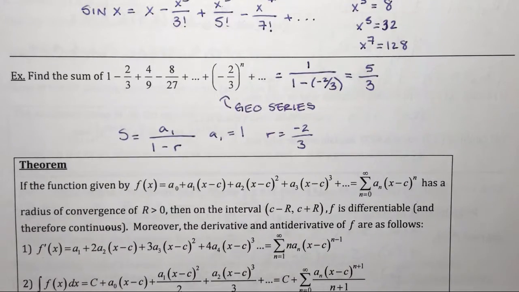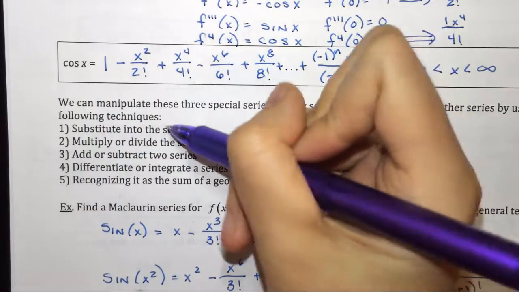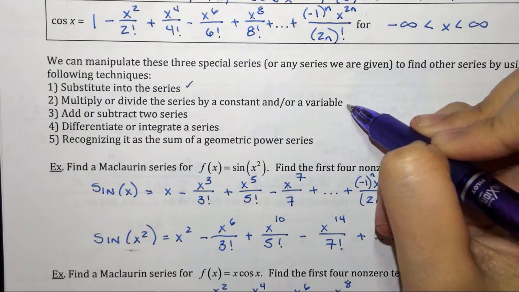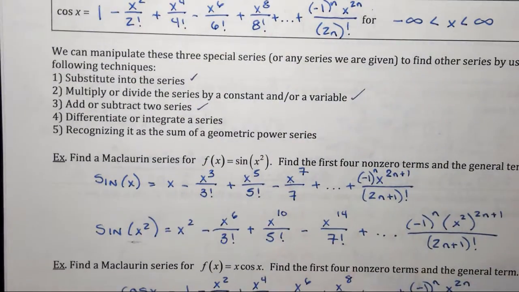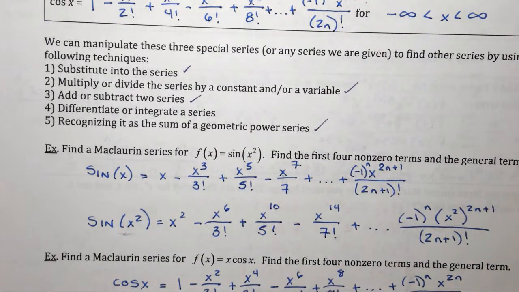The things that we did last class covered manipulating special series. So we did substitution right here. We multiplied or divided the series by a constant and or a variable. We added or subtracted two series, and we recognized the sum of a geometric power series already.